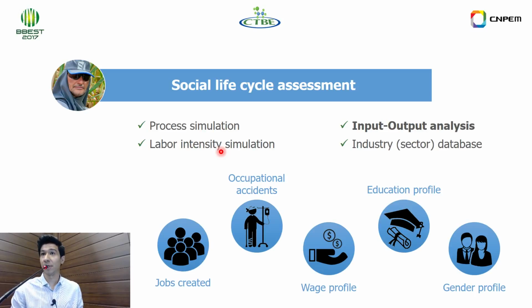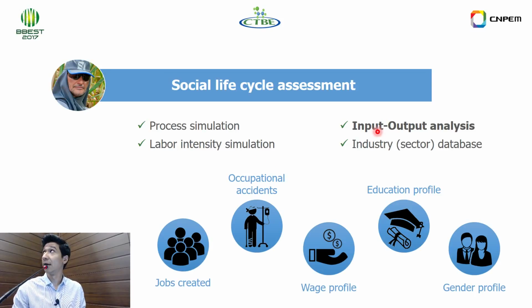And in CTB, we can actually do this. We depend on the concepts of social life cycle assessment, which is very, very close to the environmental life cycle assessment, because we depend on inventory, which means that we need to track every step of the production chain in order to understand the impact on the stakeholders.